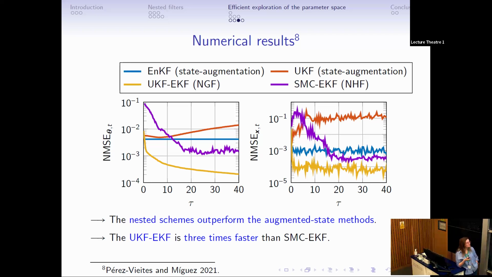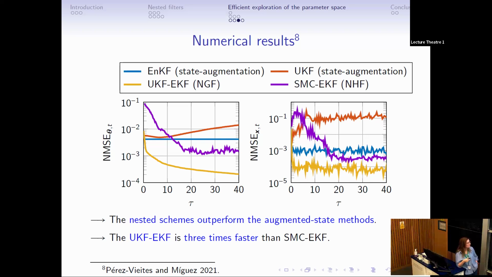This is very fast, but as far as I know, it doesn't have convergence guarantees, so you never know if it's going to work. And basically what we saw is that the nested methods work better than the state augmented filters or methods.